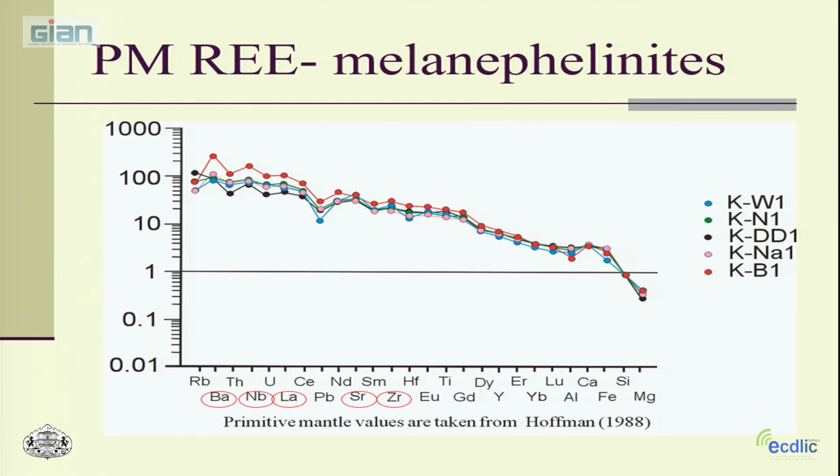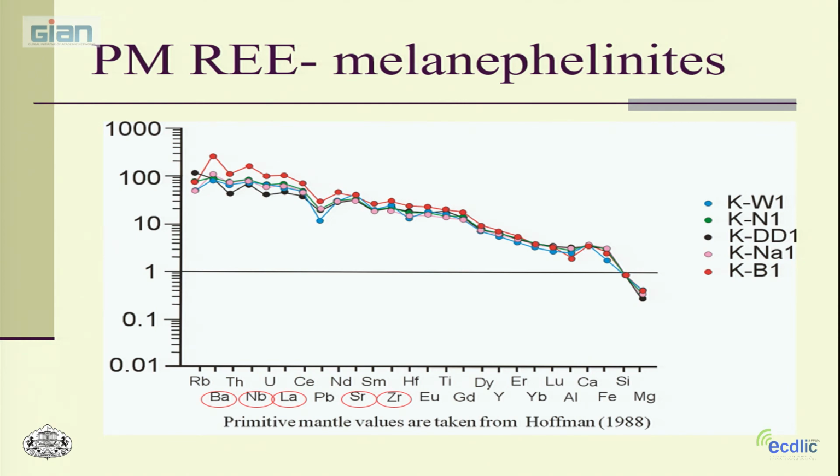The negative Pb anomaly indicates they are not assimilated or crustally contaminated magmas, so they are more or less primary in character. And this particular enrichment pattern also speaks of them coming from an enriched source. When we speak about the mantle, the depleted or enriched or fertile and sterile mantle, that is what we normally speak of. So more of an enriched mantle perhaps was involved in the formation of these particular rock types.